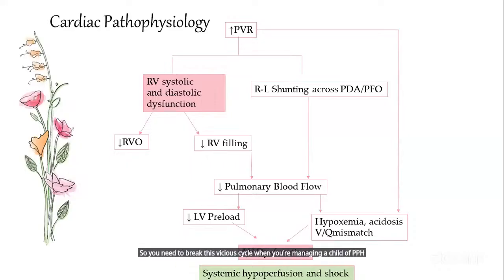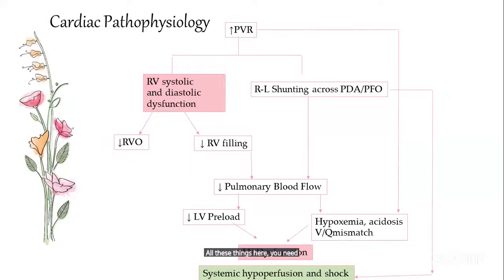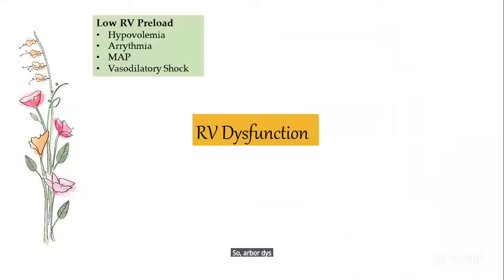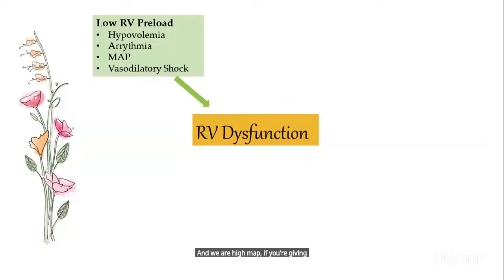But as I said, it is not only about pulmonary vasodilators. All these things you need to keep in mind are interrelated. RV dysfunction can be because of various reasons. It can be because of low RV load, because of hypovolemia, arrhythmia, high MAP if you are giving it, or vasodilatory shock.